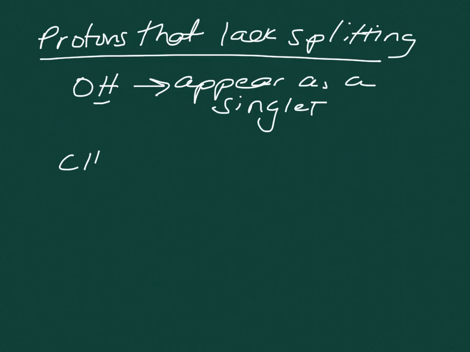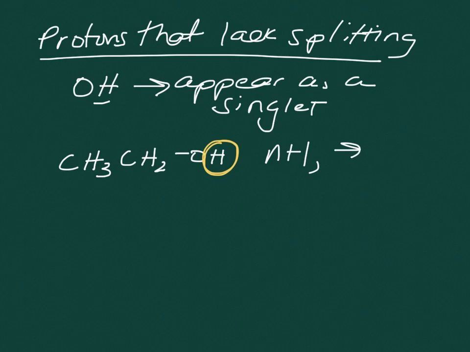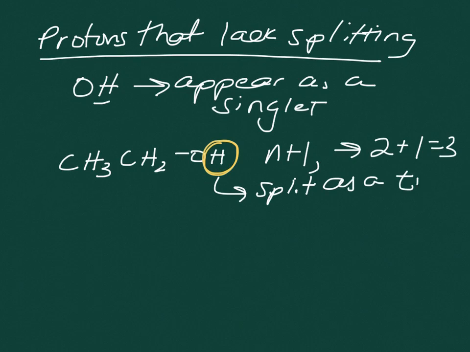If we just take the example of ethanol, and look at the hydrogen attached to the oxygen, you would say, based upon the N+1 rule, that there are 2 hydrogens on the adjacent atom, 2 plus 1 equals 3, so this hydrogen should be split as a triplet. But in fact, it will appear as a singlet.